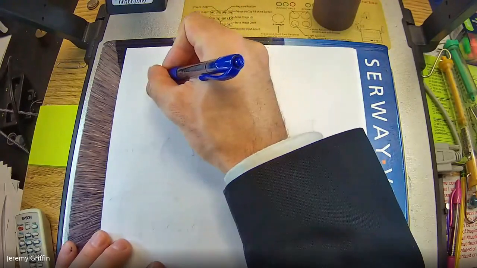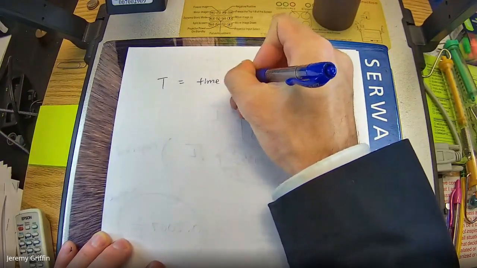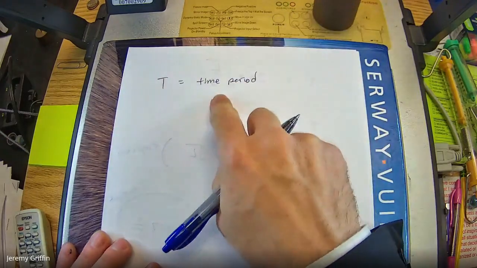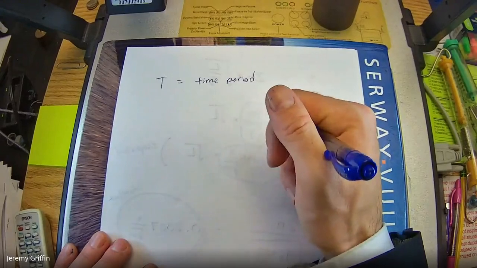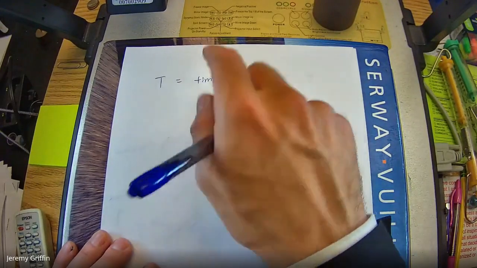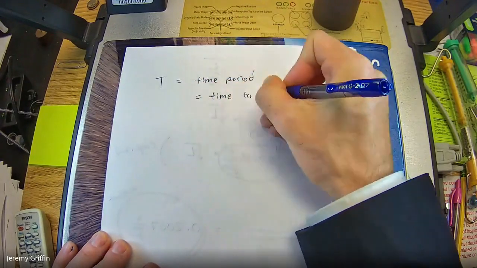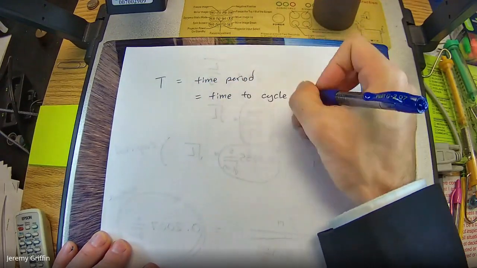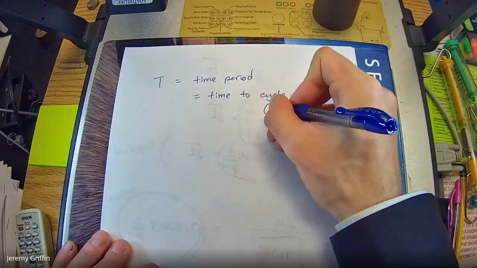Capital T, time period. For anything that's oscillating, like a pendulum, you could call it simple harmonic motion, just back and forth over and over. This is the time to cycle completely once.